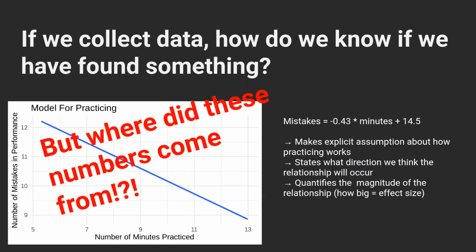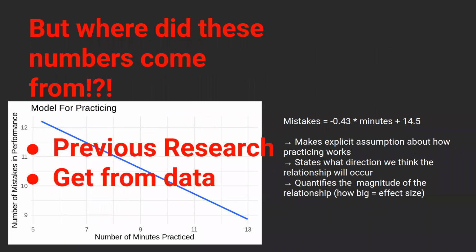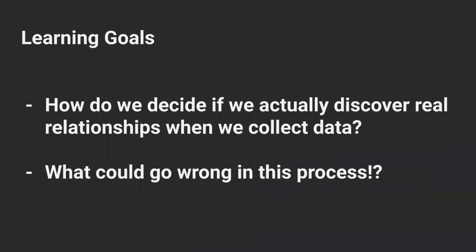I'm talking very theoretically here. I'm totally making up numbers in terms of what these models mean. And the answer we're going to get to is that it either comes from previous research, or we can actually learn these relationships from the data themselves. And again, we're about to dive into this.